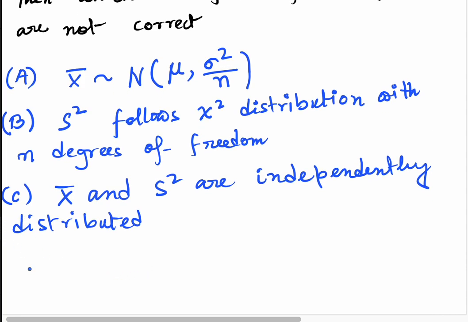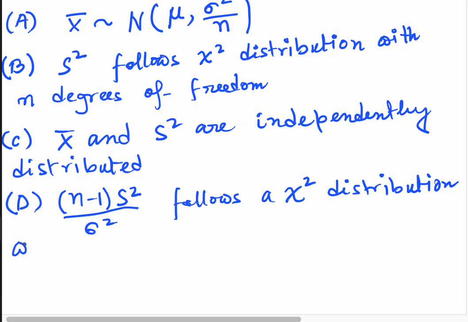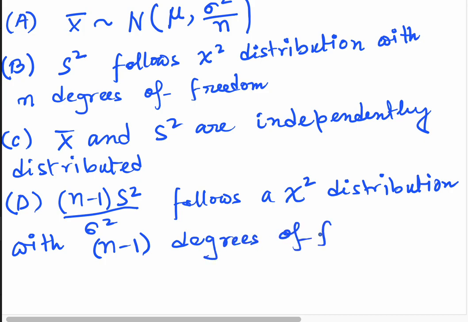And last, D, n minus 1 times s square by sigma square follows a chi-square distribution with n minus 1 degrees of freedom. Then which statement is not correct?